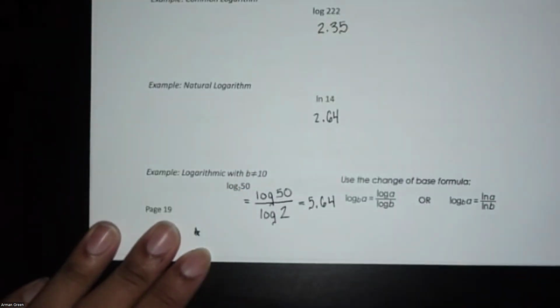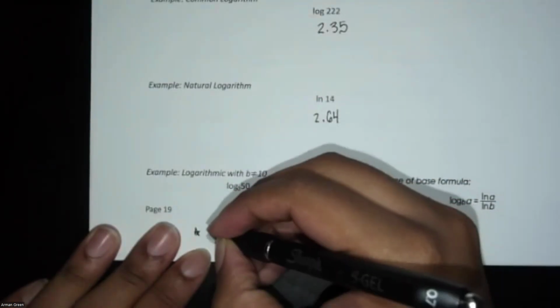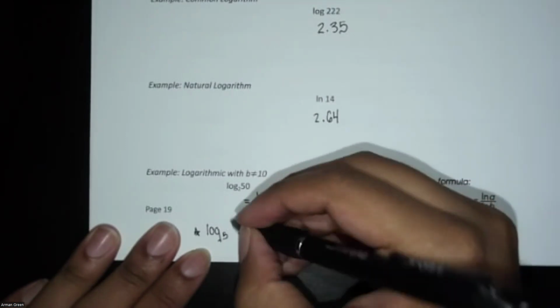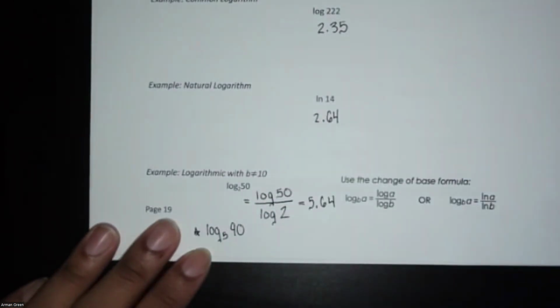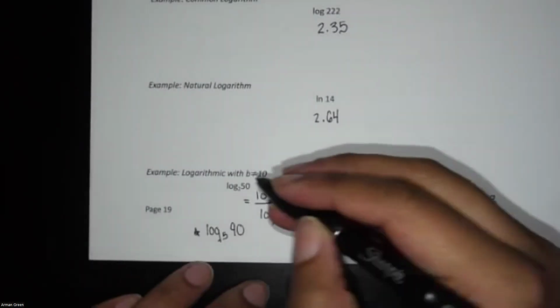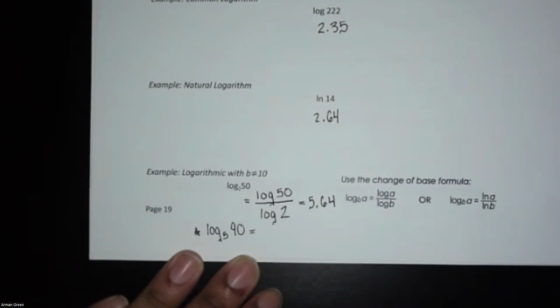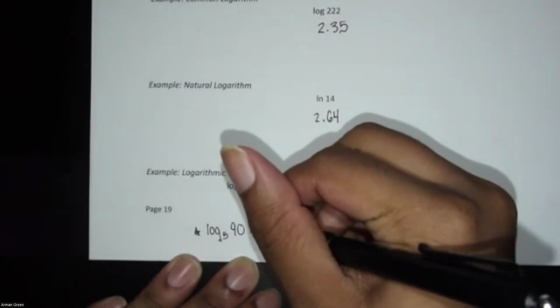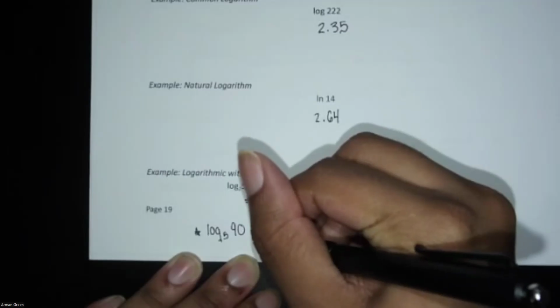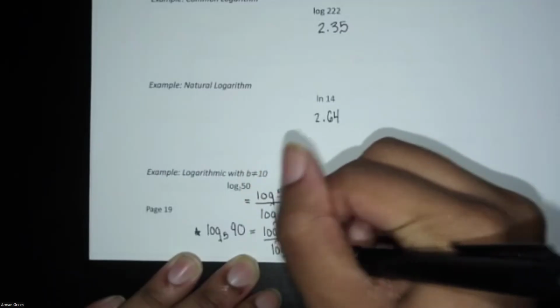Now, just another example, I'm just going to give us an extra one here. Let's say that you wanted to find, I don't know, let's say you wanted to do log base 5 of 90. Let's say you want to figure out what this equals. All right, so what I would do in my calculator is that I would type in the log of 90 divided by the log of 5.